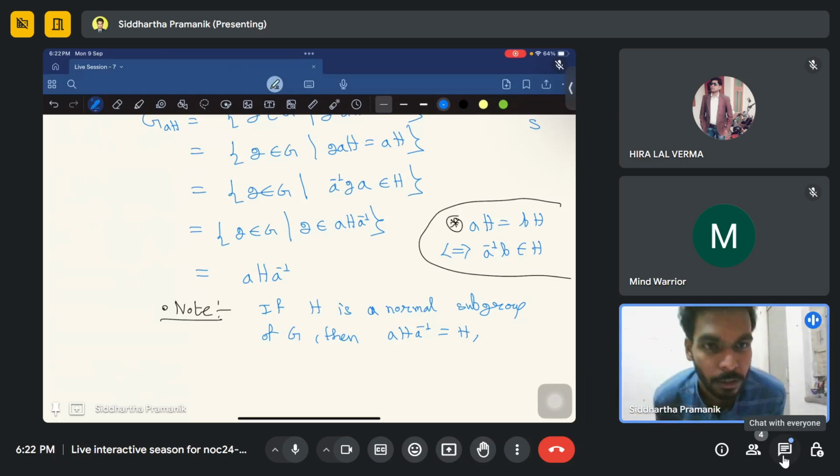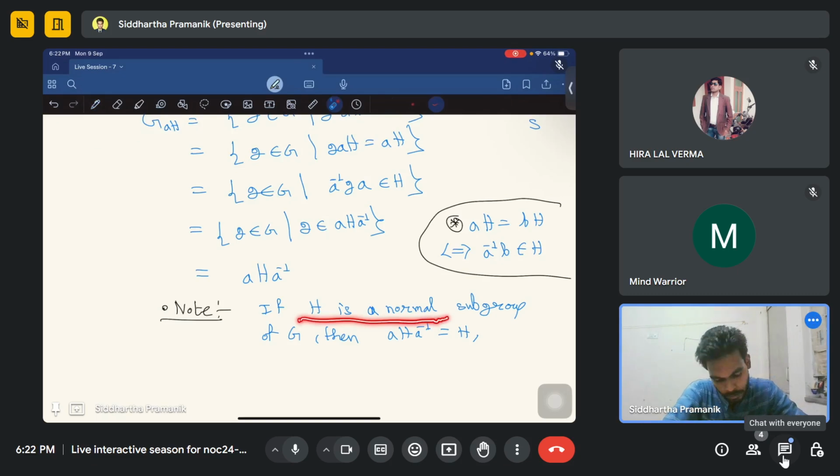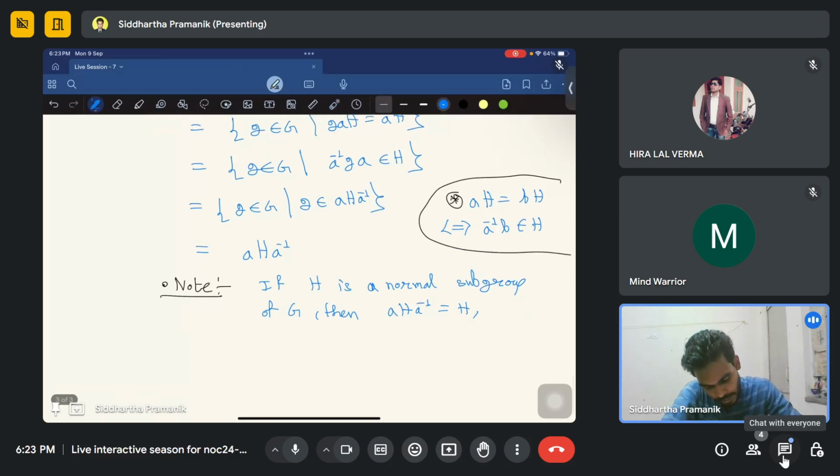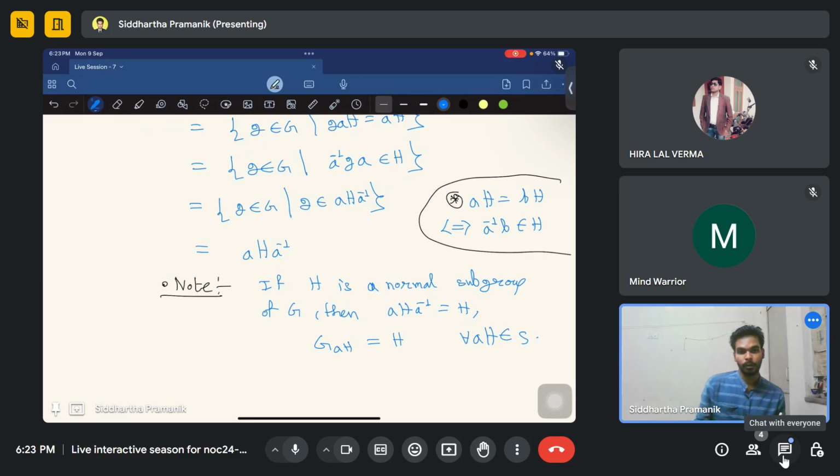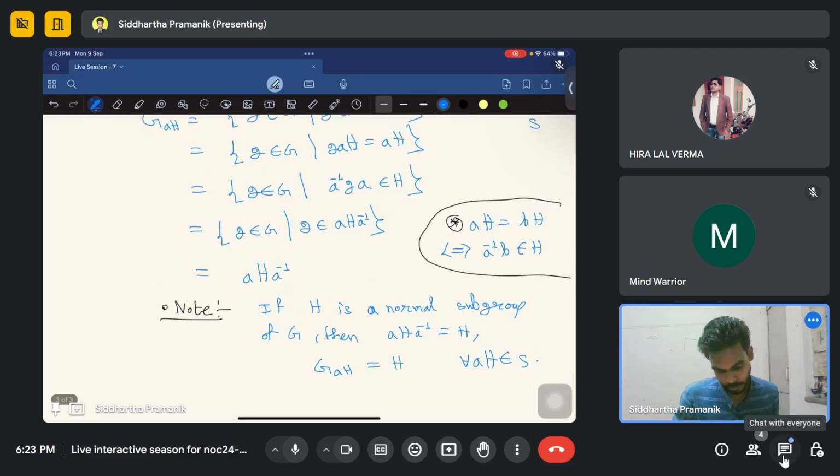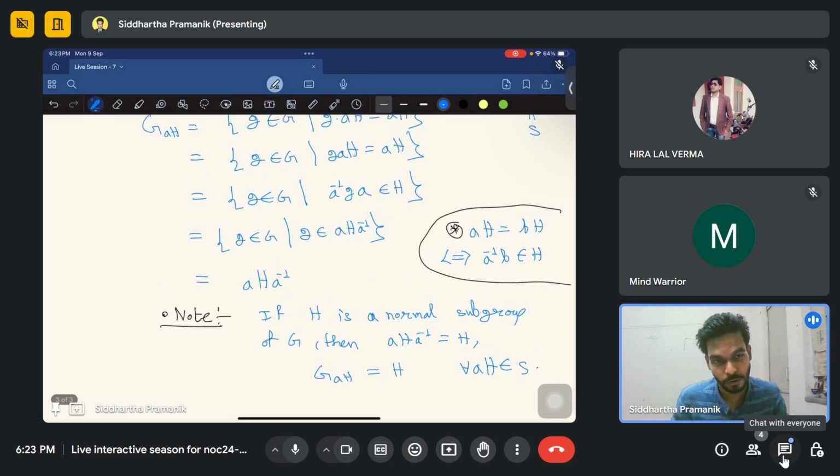Yeah, sorry. So if H is a normal subgroup, then this conjugate is same as H. So in that case, the stabilizer is equal to H itself for all H in S. So I hope this one is also fine.